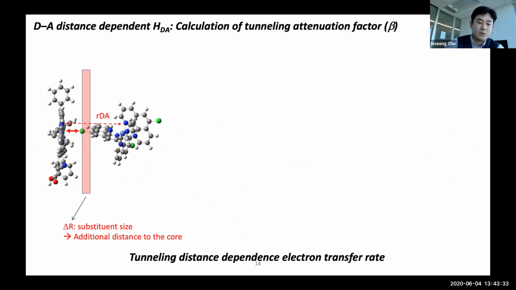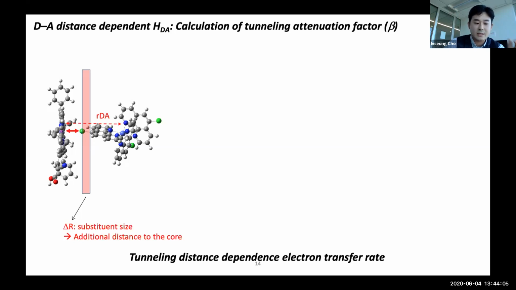So we set up a model in which the electronic coupling is probably dependent on the donor acceptor distance. The distance from the porphyrin plane to the core of the cobalt complex is shown as RDA, and any additional distance, shown as the red box in this slide, is the length of the substituent on the ligand structure.